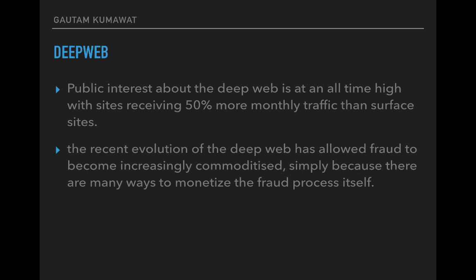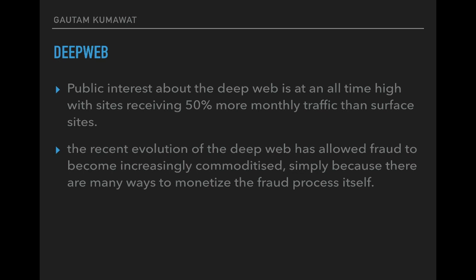Public interest in the deep web is at an all-time high, because when I go to conferences, a lot of people ask me, how do I access the deep web, what is the dark web? People are getting more and more interested in the deep web compared to the surface web. Those deep web sites got 50% more traffic than surface websites.